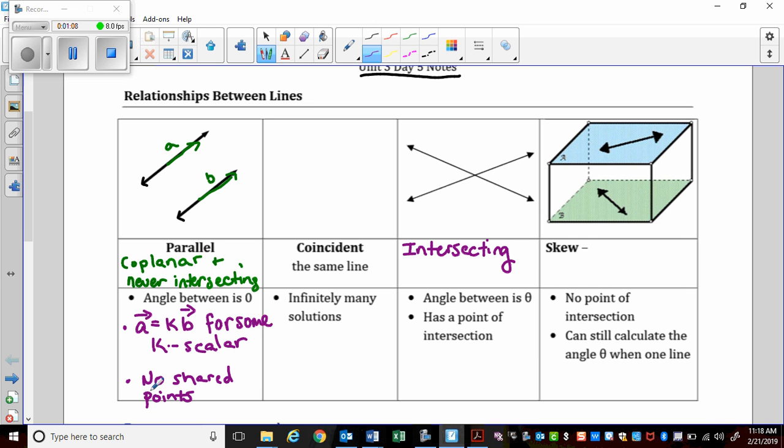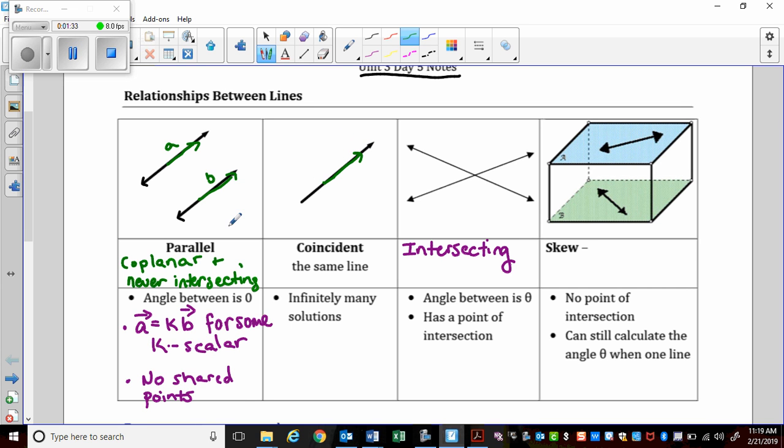If there are shared points and they have the same direction, then they're coincident. Coincident vectors are vectors that are also parallel, but they're on top of each other. They're the same line. So maybe this is going to be a vector, and the one on top of it is also a vector.